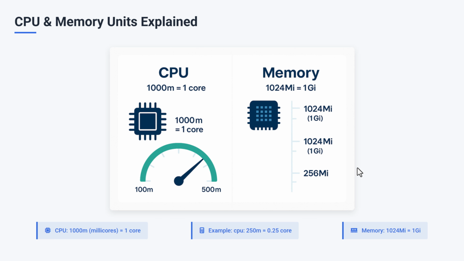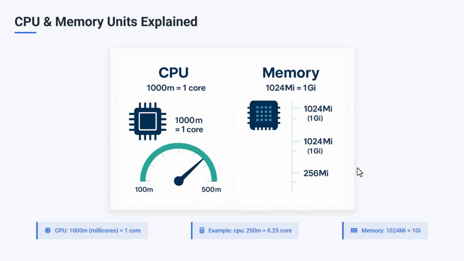Now let's move to memory. Memory is measured in Mi and Gi, and just like in normal computing, 1024 Mi equals 1 Gi. So when you see values like 256 Mi or 1024 Mi, they are just different values of memory your pod might need.